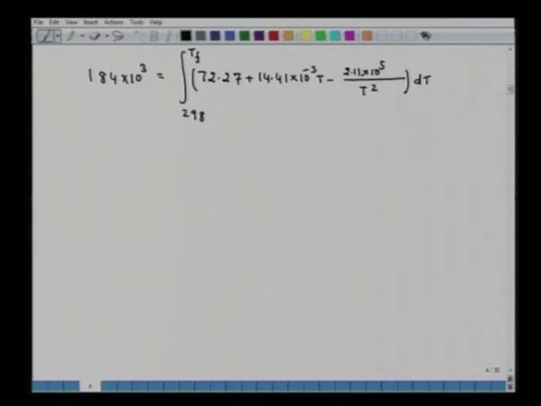So, if you do this integration, this I leave as an exercise to be done by you.